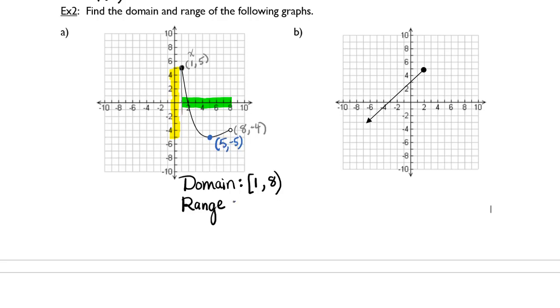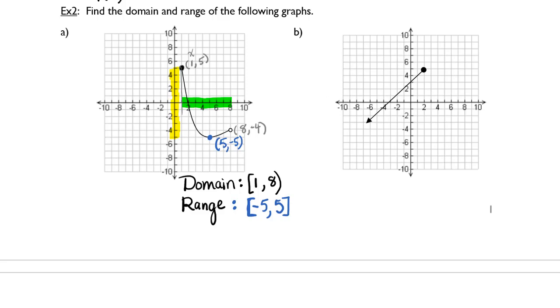So my range values go from the lowest point at -5, and I'm going to include the endpoint because it's the minimum. And it goes as high as 5. And since this is a closed dot, we can put a bracket on that side as well.